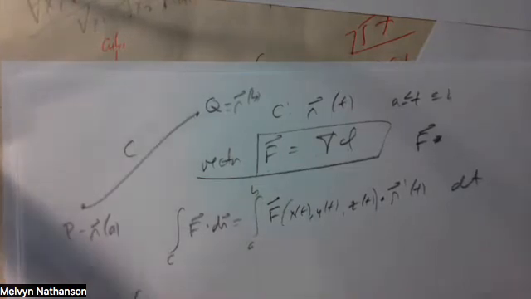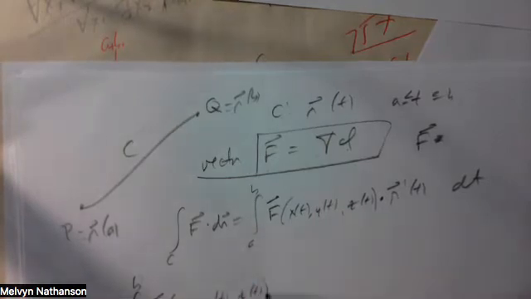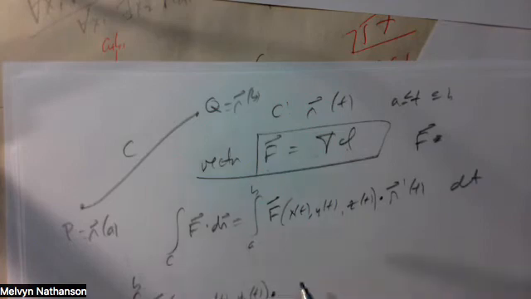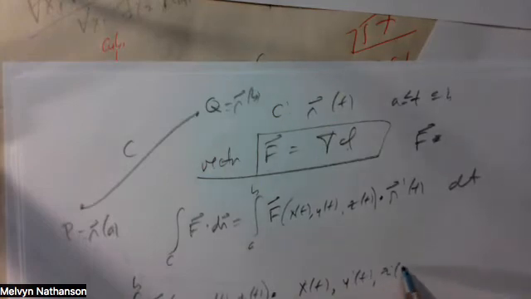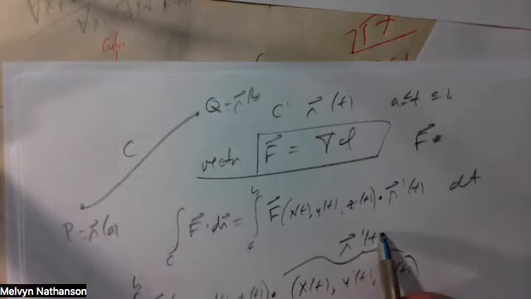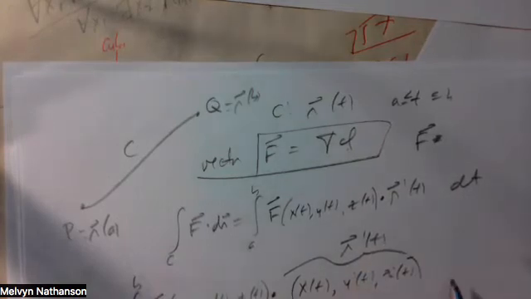So that's equal to the integral from a to b of F of x of t, y of t, z of t, dot product with x prime of t, y prime of t, z prime of t. This is the vector r prime of t, dt.